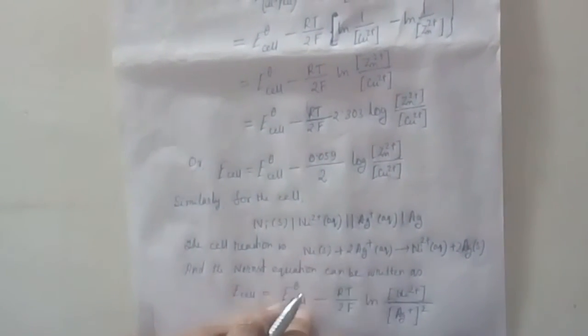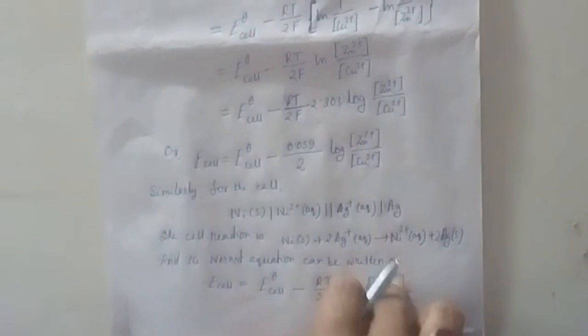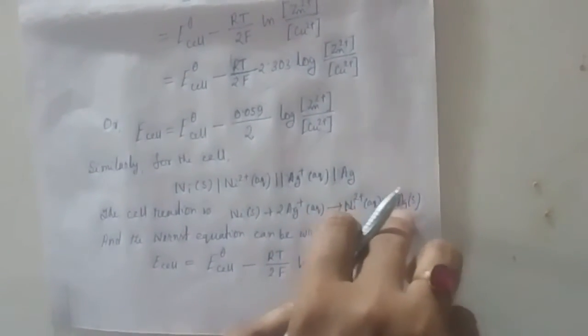So the Nernst equation will be E cell is equal to E standard cell minus RT by 2F ln of concentration of the ion in the oxidation half, that is the nickel, divided by concentration of the ion in the reduction half, that is the silver. Now since in the balanced cell reaction the 2 is a stoichiometric coefficient, that will be raised as a power.